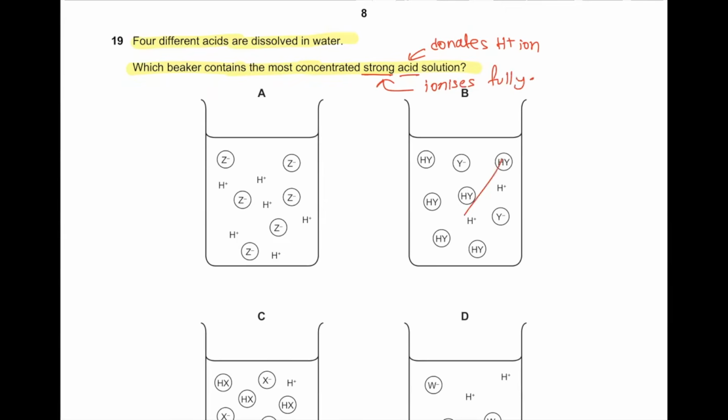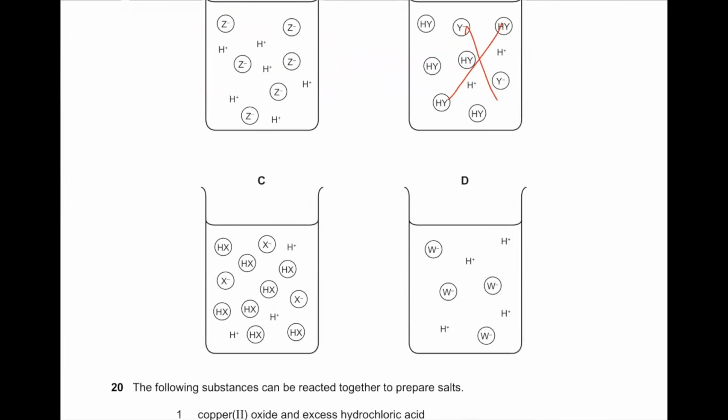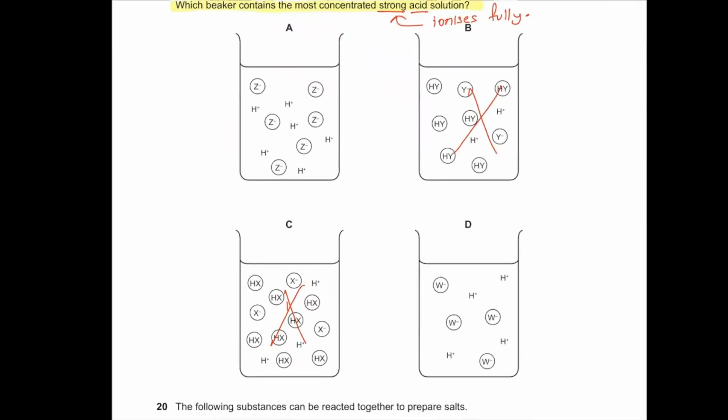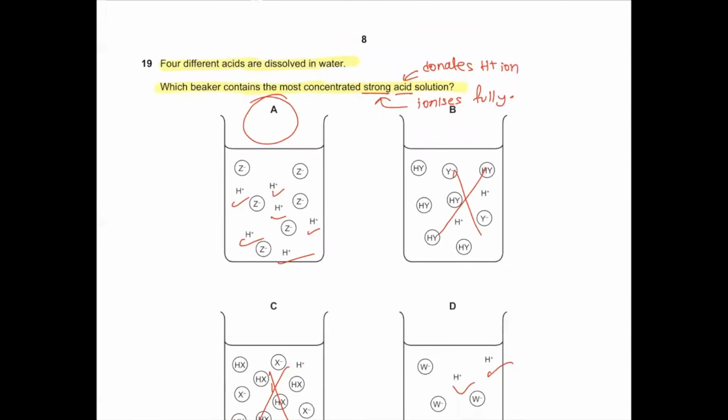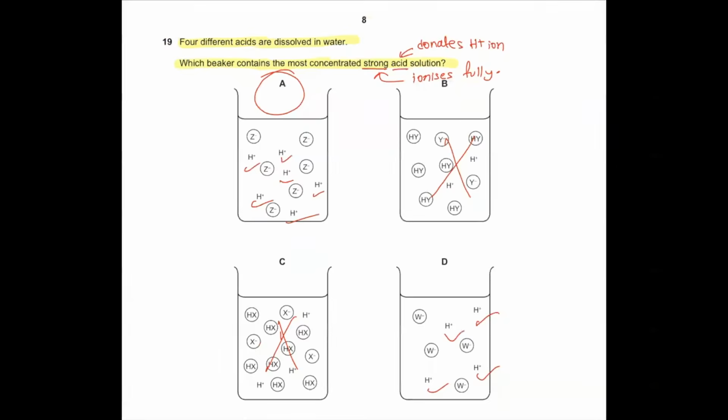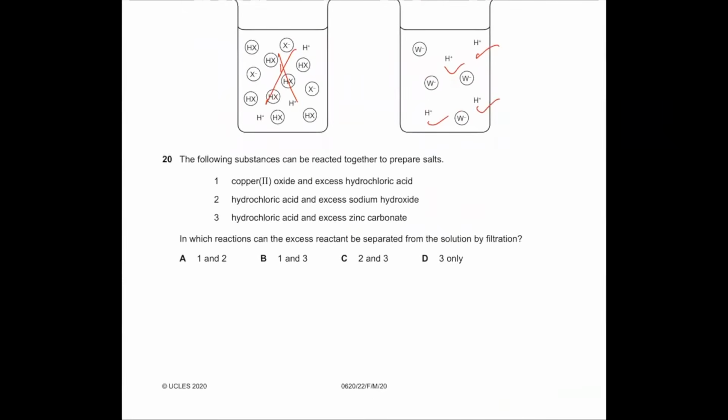So we can say B did not ionize fully, neither did C ionize fully. In terms of H plus ions, there are 4 H plus ions in D, and there are 1, 2, 3, 4, 5, 6 H plus ions in A. Definitely A is the stronger acid. Question number 19, A.